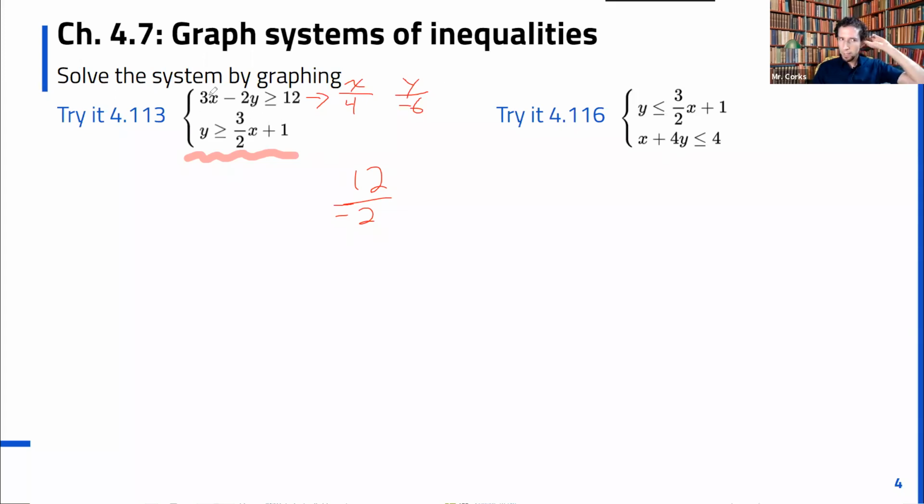So looks like we're ready to graph the situation on the left here and see what that looks like. I am just realizing the graph I had set up on the next slide has the wrong dimensions to it, so I will fix that quickly. While you're waiting for me, you can look at the one on the right and think about what we would do to graph that. Do we want to change the form? Do we want to find the intercepts? So take a moment and think about that, and then I will get this ready.